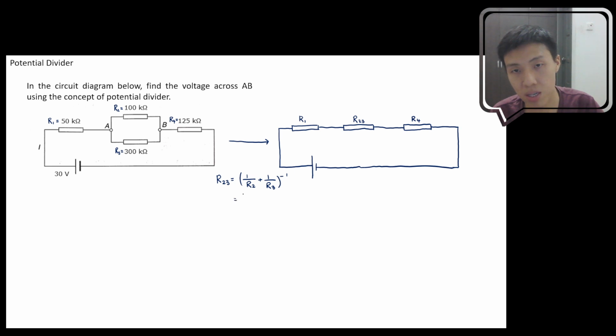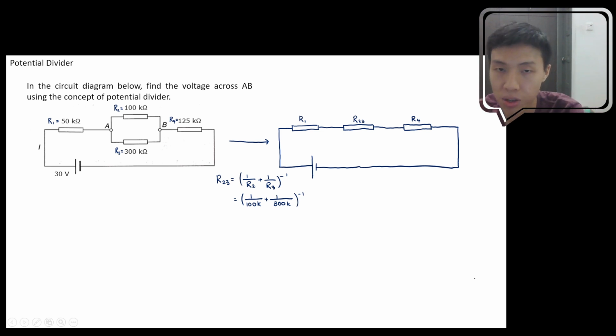So this will be R2 100k plus R3, which is 300k, to the power of negative 1. Okay, so if I put this into my calculator, I'm able to get the answer, which is, give me a second, 75 kilo ohm.